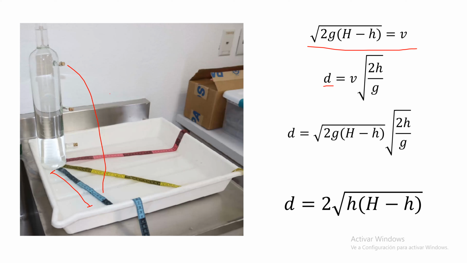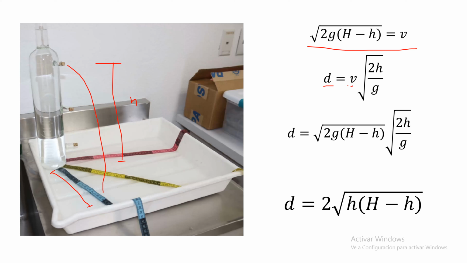So from the parabolic motion this will make, we can therefore note that this distance will be equal to the velocity, initial velocity, times the square root of 2 times the height of this hole, which will be in this case lowercase h, divided by the gravitational acceleration.